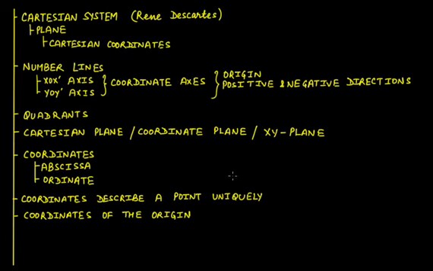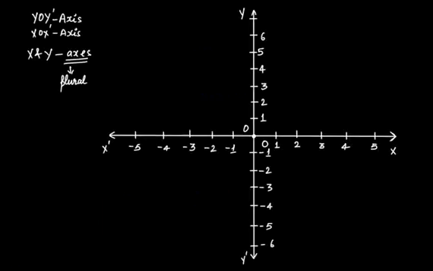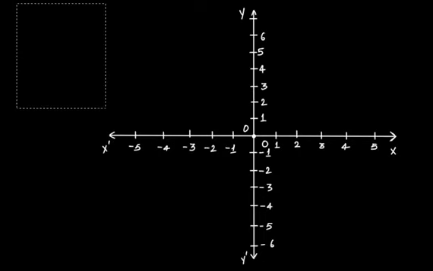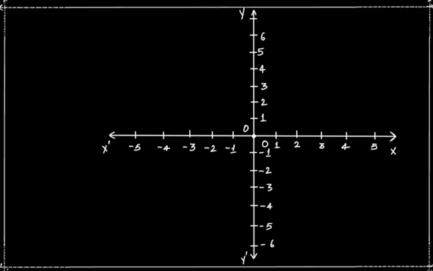Now, this was our number line, and this was our number line, and this was our plane, right? What we have actually done here is divided this plane into four regions.